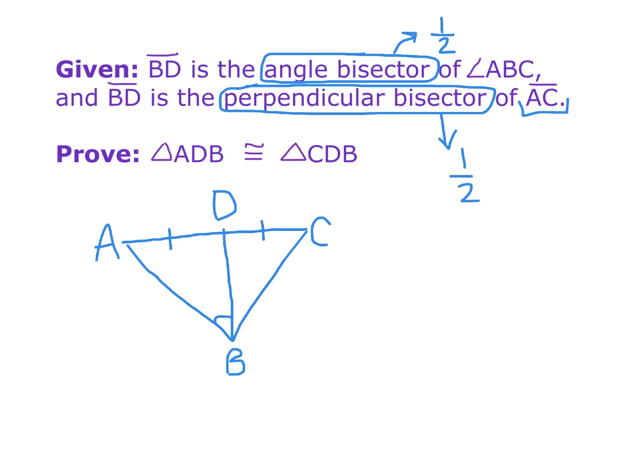So I'm going to put one arc here and one arc here. Those two angles are congruent since they were cut in half. Now, a perpendicular bisector means that we have a 90-degree angle right here. And I want to show you another symbol to show perpendicular. That symbol, kind of like an upside down T, is showing that line segments are perpendicular to one another.